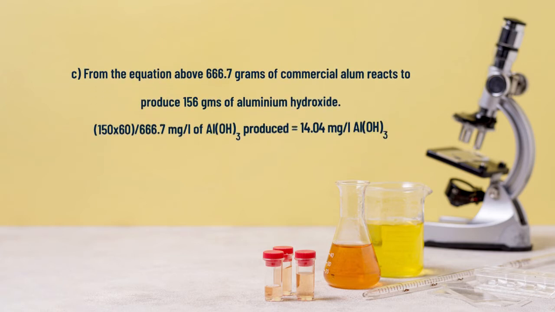Part C. From the equation above, 666.7 grams of commercial alum reacts to produce 156 grams of aluminium hydroxide. So Al(OH)3 produced is equal to 14.04 milligram per liter.